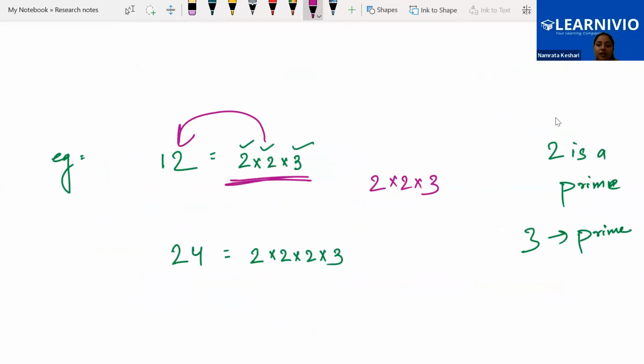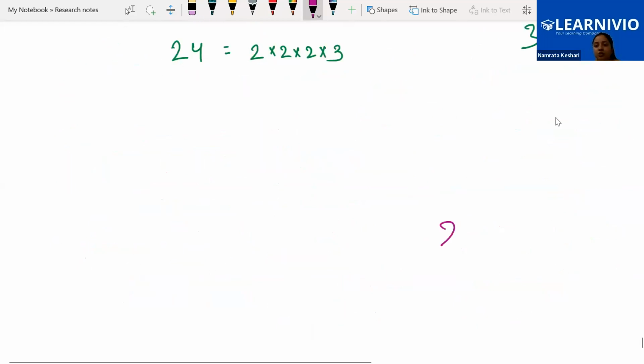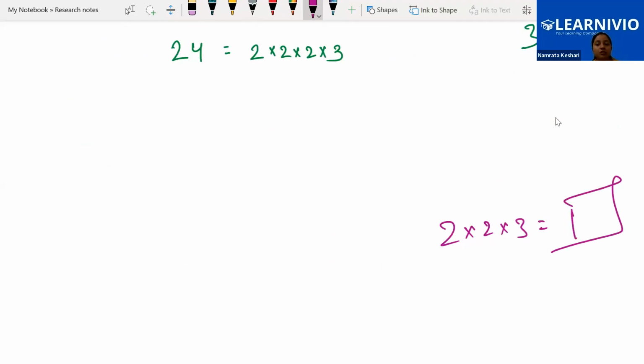You won't be able to generate any other number. You won't be able to generate 32. You won't be able to generate 100. You won't be able to generate any other number apart from 12. So whenever you take this prime factorization, 2 into 2 into 3, one and only one number you will get in result, that is 12. It is unique for 12.